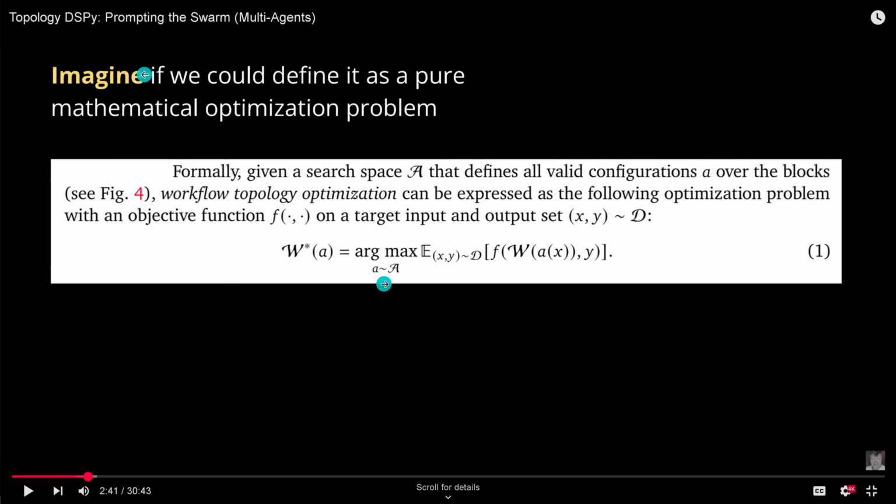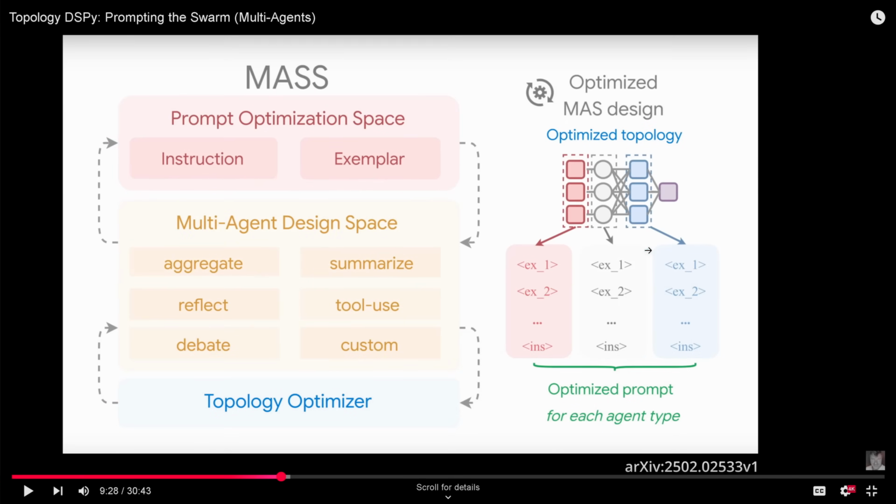And I told you in this video about topology DSPy, prompting the swarm with multi-agents, I said, imagine if we could define the complete complexity of a system in a pure mathematical optimization problem, and I explained why this is the solution. So what we ended up with was a three-part process.